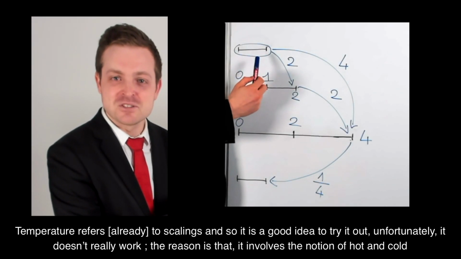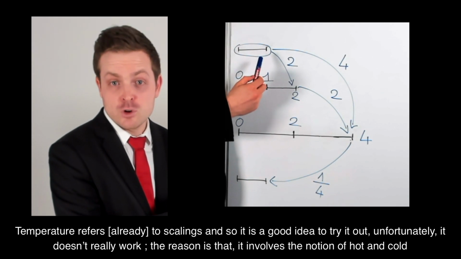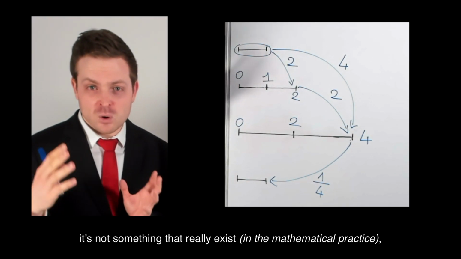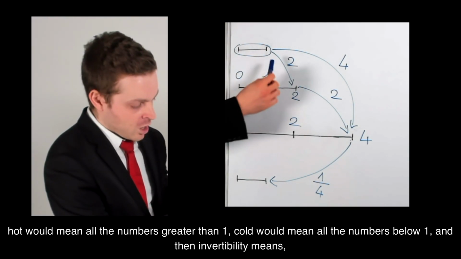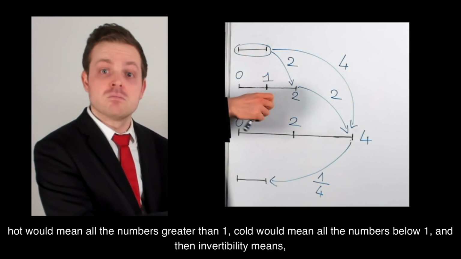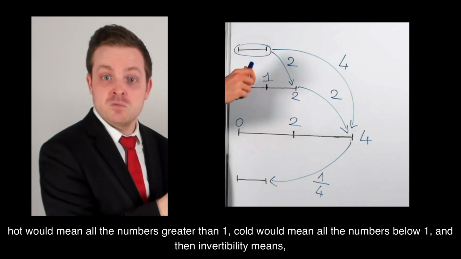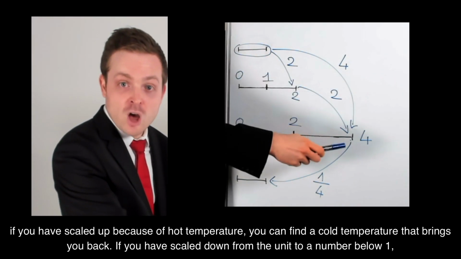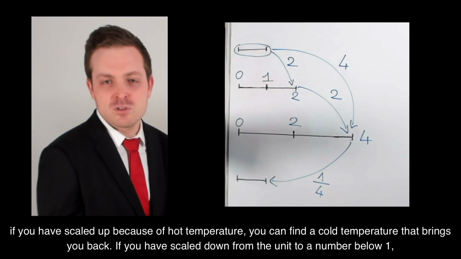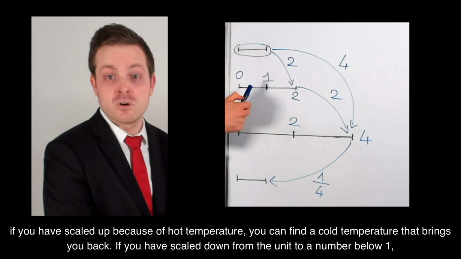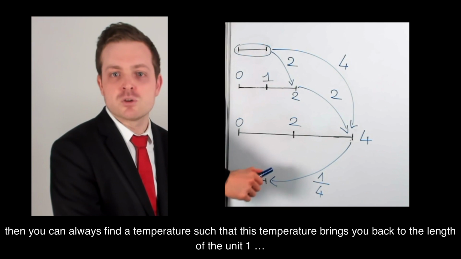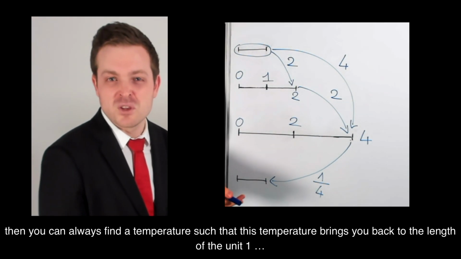Temperature refers directly to scaling, and so it's a good idea to try it out. Unfortunately, it doesn't really work. The reason is that it involves the notion of hot and cold, and it's not something that really exists. Hot would mean all the numbers that are greater than 1, cold would mean all the numbers that are below 1, and then invertibility means if you have scaled up because of hot temperature, you can find a cold temperature that brings you back, and if you have scaled down from the unit to a number below 1, then you can always find a temperature such that this temperature brings you back to the length of the unit 1.